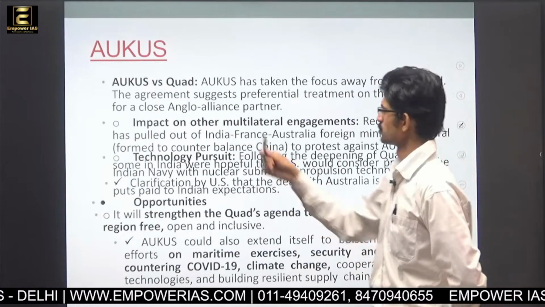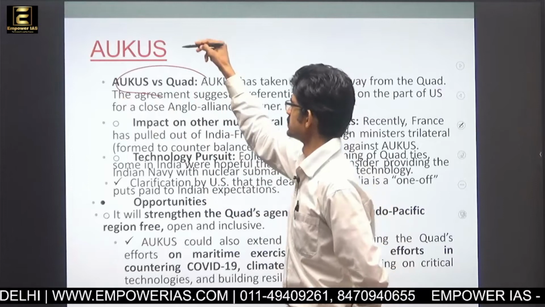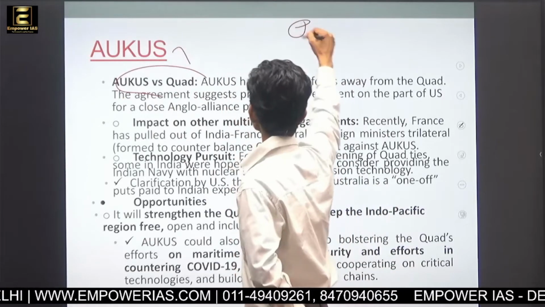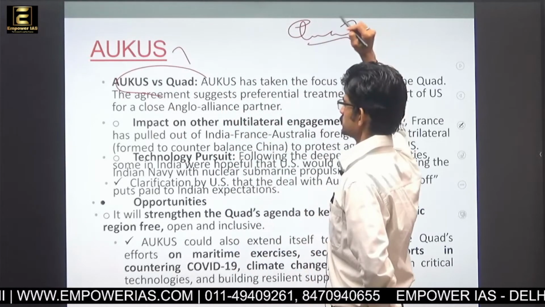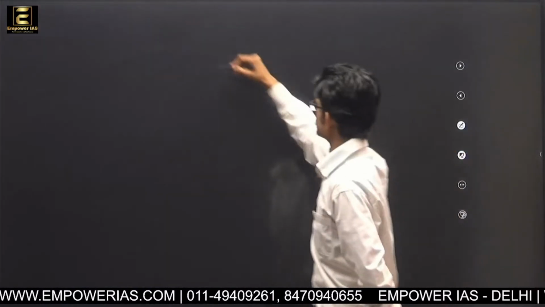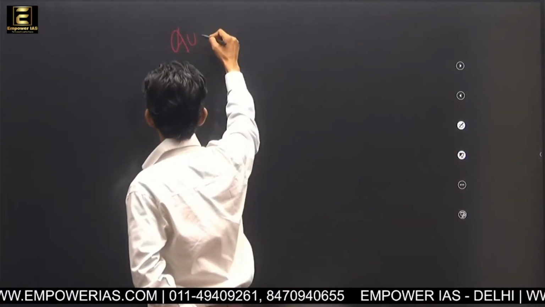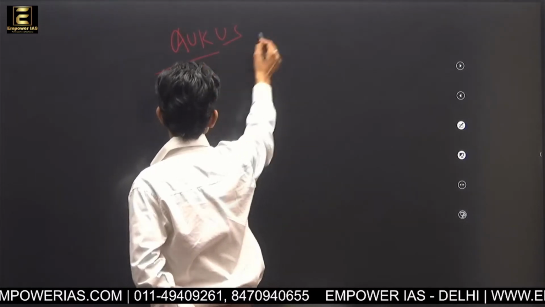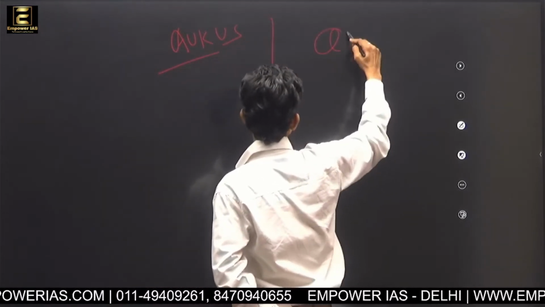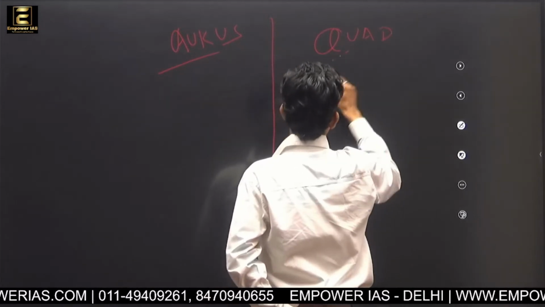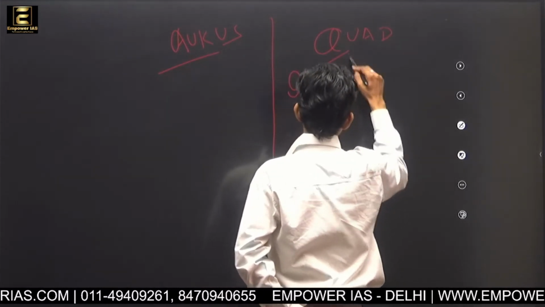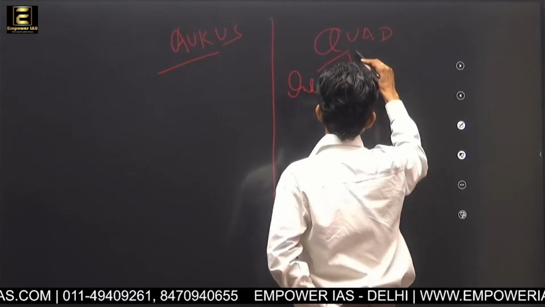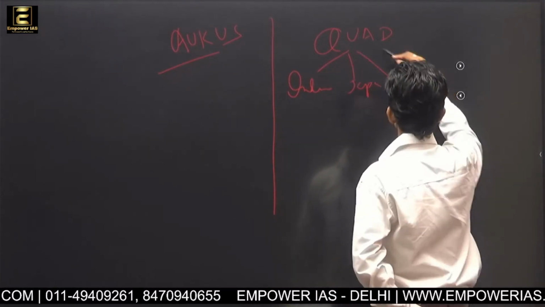Now what is AUKUS versus Quad? AUKUS is different and Quad is different. So how is it different? We see that Australia, UK and US is AUKUS, and Quad is India, Japan, USA and Australia.